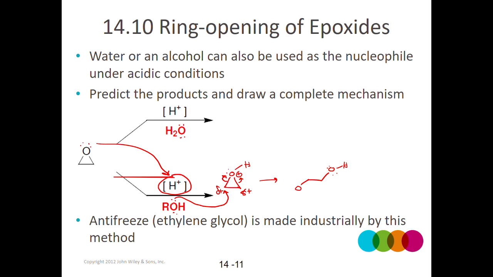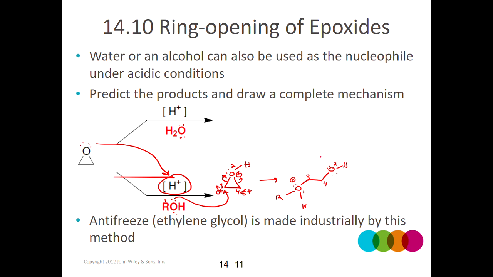And so we'll call this oxygen 1. This is oxygen 2, just to keep track of where the atoms are. This would be carbon 3, carbon 4. Carbon 3 was attacked. Carbon 4 is still connected to this OH. And so the ROH is what attacked carbon 3.